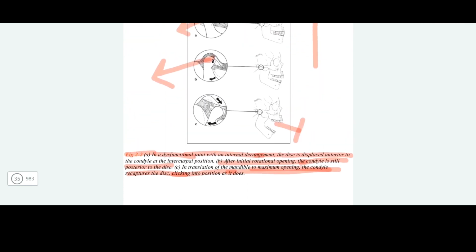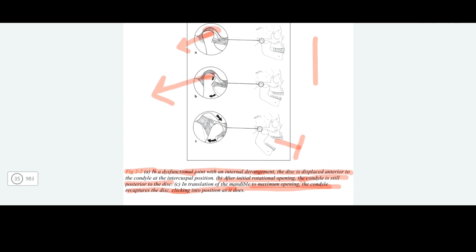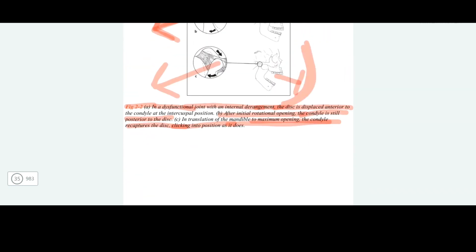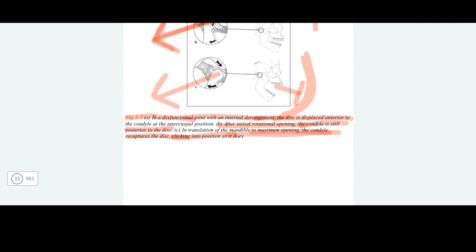In this dysfunctional joint the condyle is posterior. The condyle is still posterior. Okay, and it's similar at the maximum opening. It's similar to the healthy joint. Okay, it's similar, but it's not very perfect.